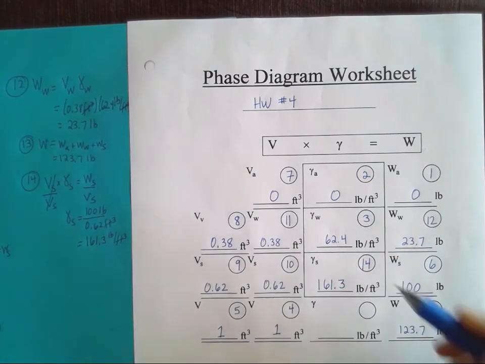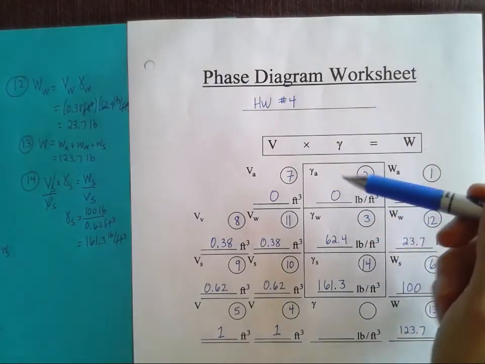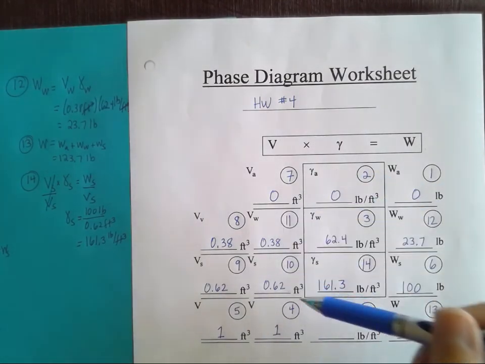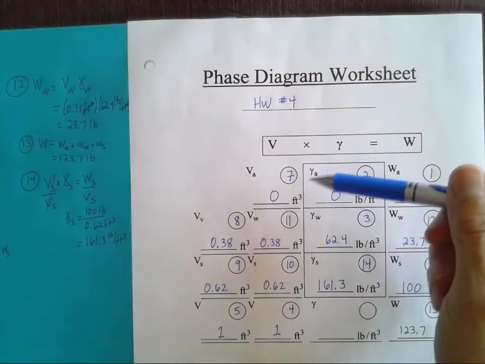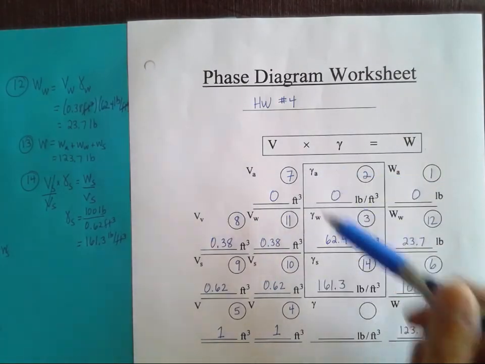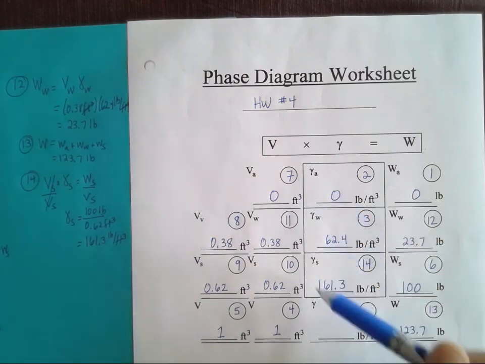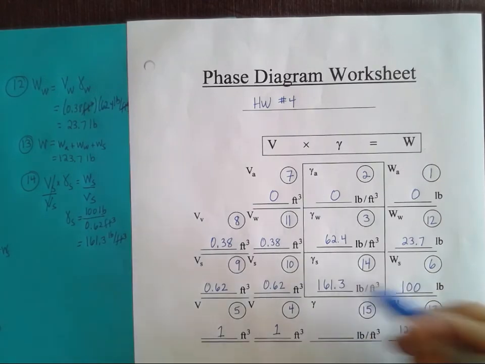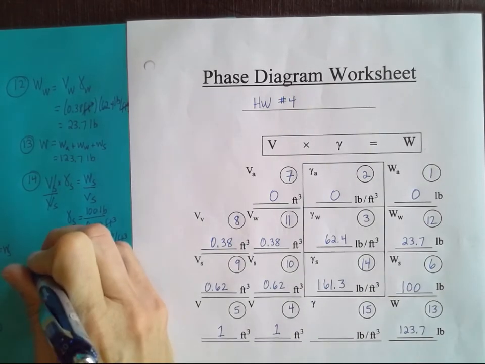161.3. And I know it's really tempting for 15. You just think, oh yeah, I'll just add this column up. But remember, it's got that box around it. These unit weights, they're kind of funky. They don't have that same additive relationship, so you can't just do that. In order to find my number 15 here, I'm going to have to use a similar process I used to find 14.